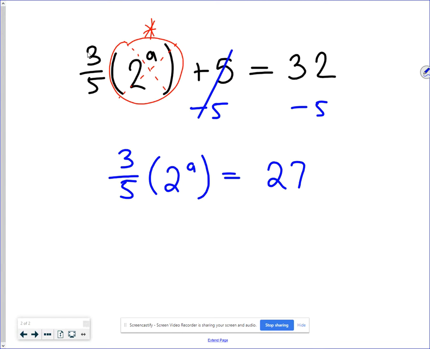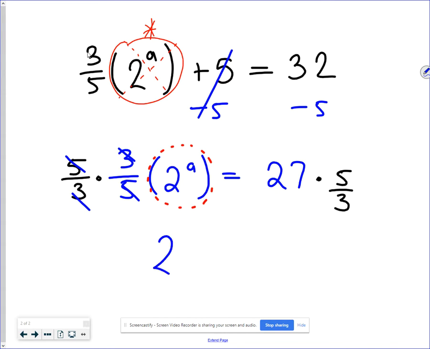We're still trying to get this power by itself. What we have in front of this power is the fraction 3/5. To get rid of the fraction 3/5, let's multiply both sides by the reciprocal, 5/3. So here the 5's cancel out, the 3's cancel out.